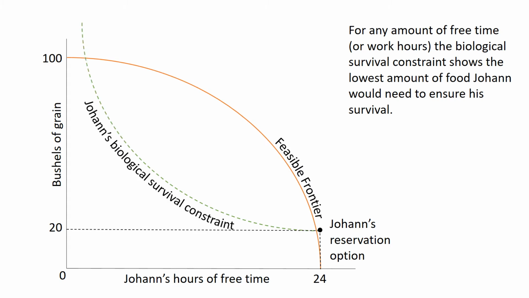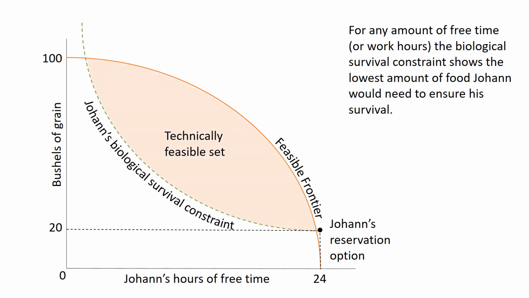For any amount of free time or work hours, the biological survival constraint shows the lowest amount of food Johan would need to ensure his survival. The survival constraint slopes downward because Johan needs more food in order to work longer hours.